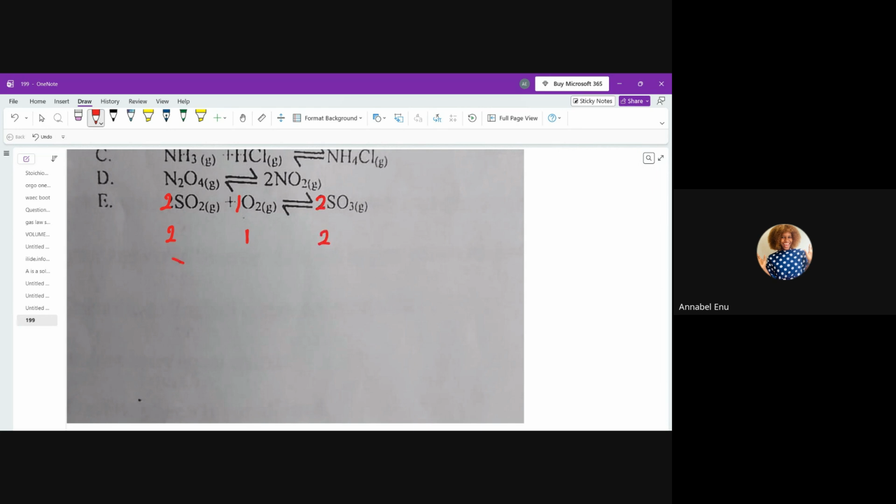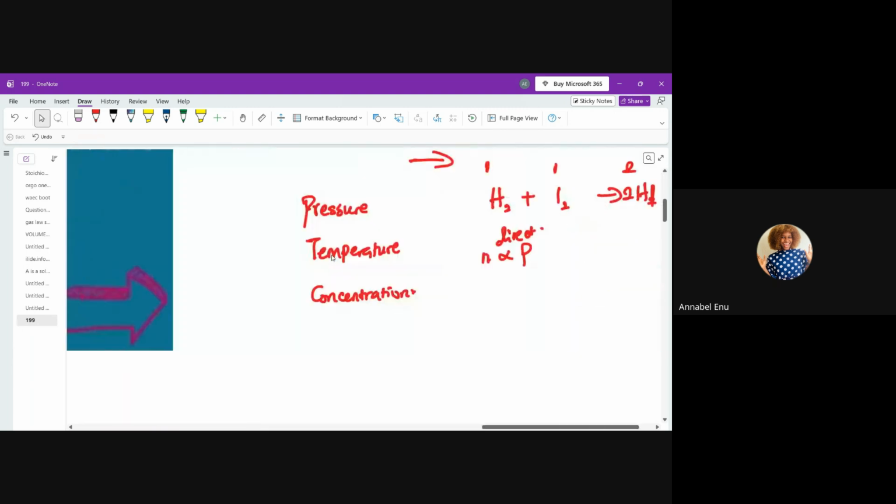So in the reactants we have 3, and in the product we just have 2. These coefficients stand as our n, the number of moles, which is directly proportional to pressure. So the side with the higher number of moles is the side with increased pressure. That's one thing to note.